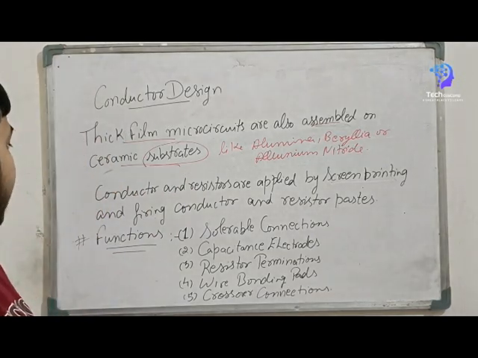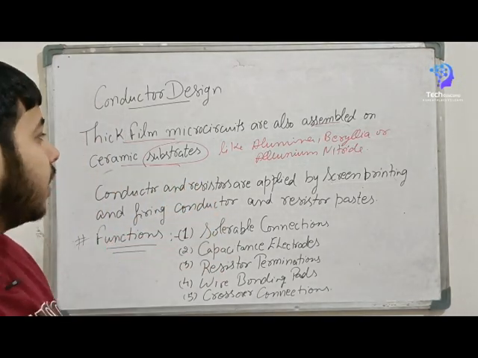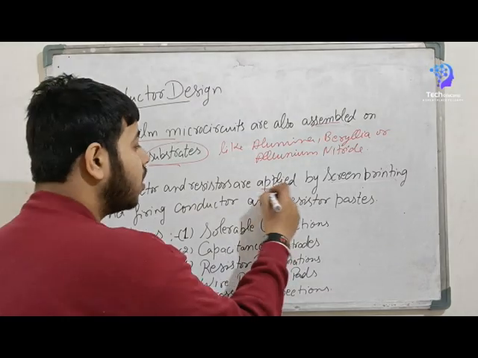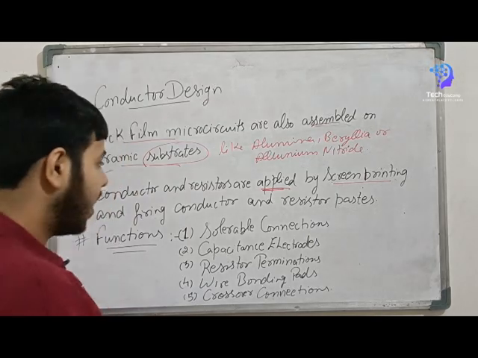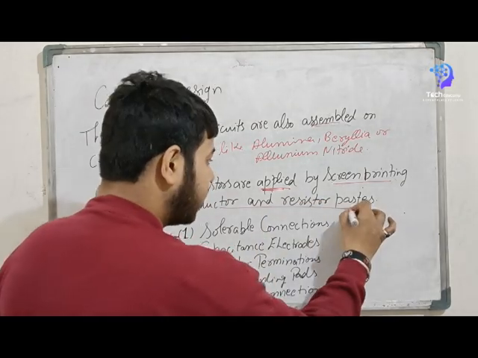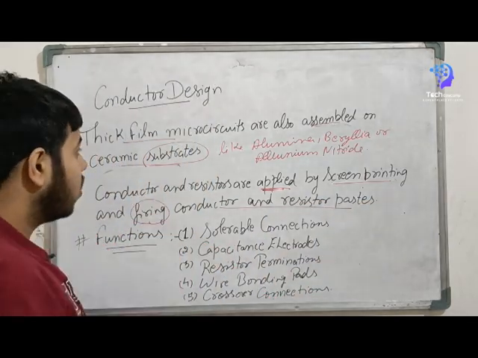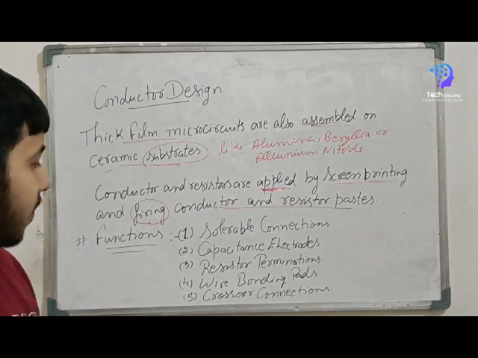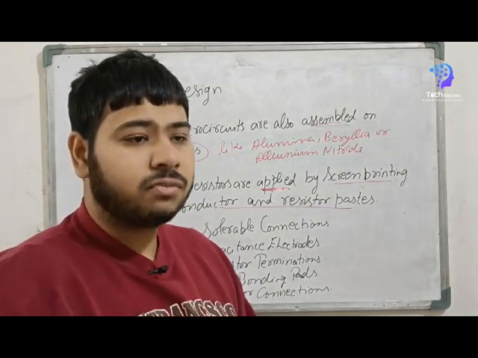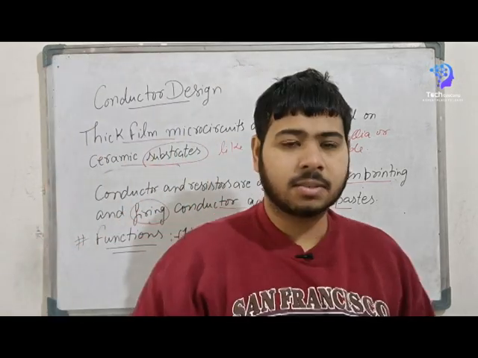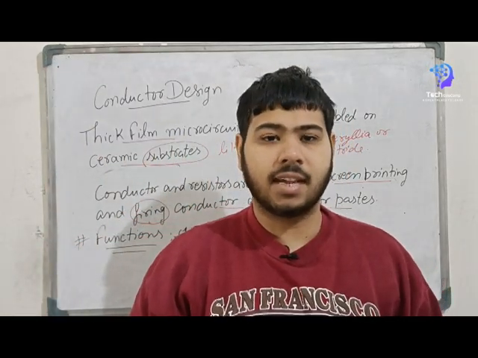But these conductors and resistors are applied on the microcircuits by using the screen printing technique, and then their pastes are fired on these microcircuits. Now let's see the various functions of these conductors, where they are used.